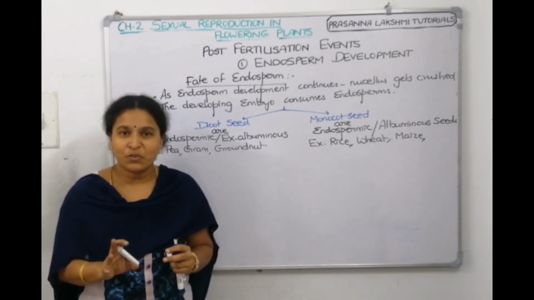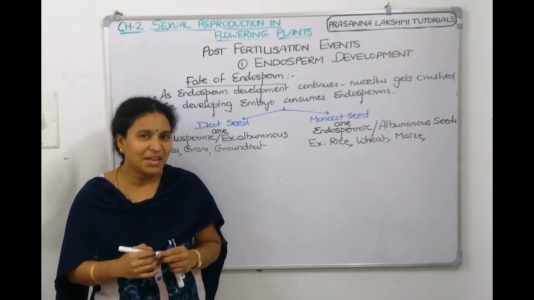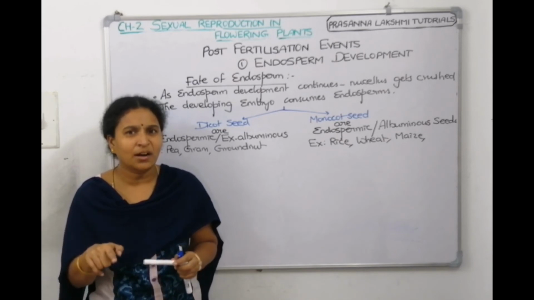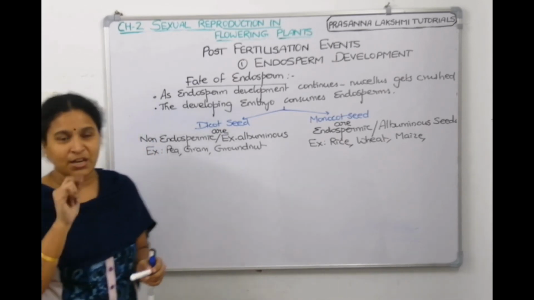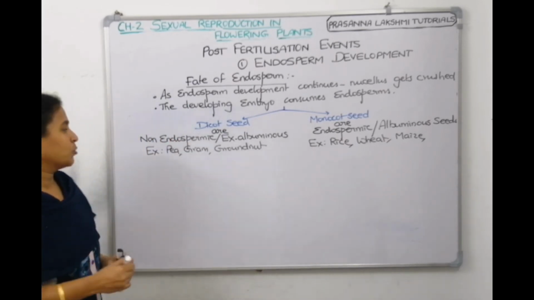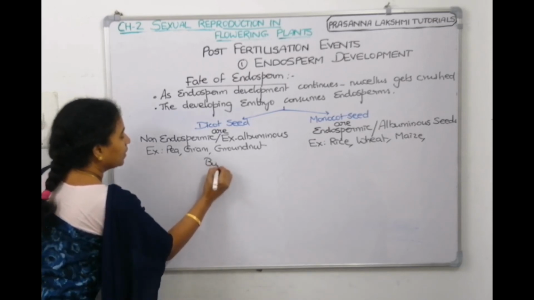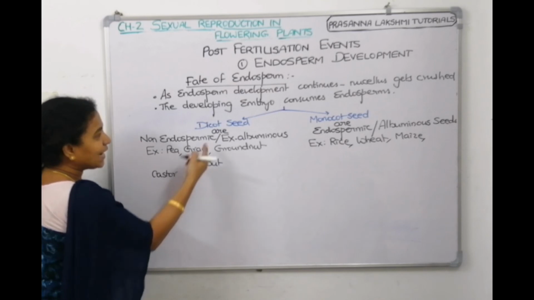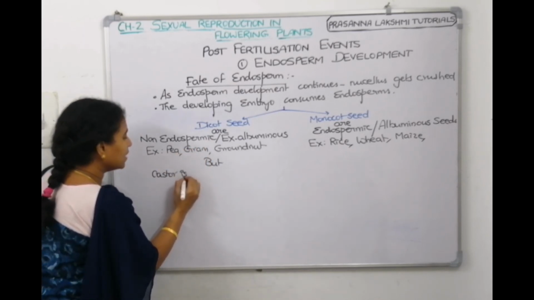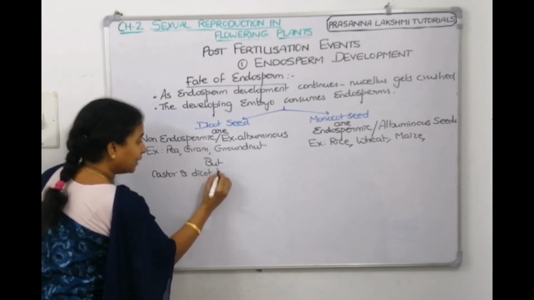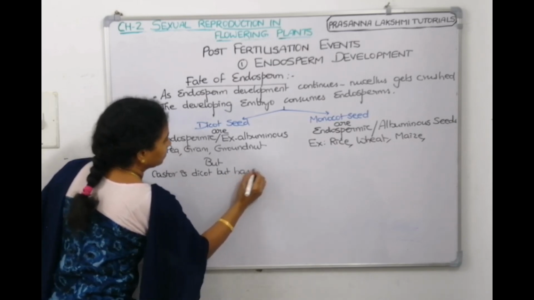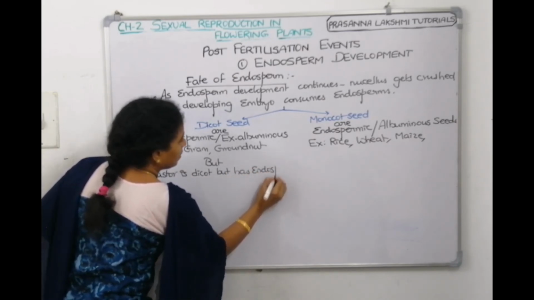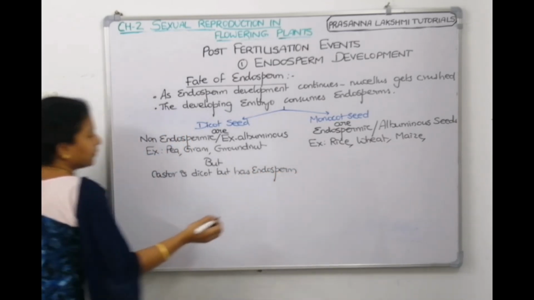But science without exceptions is not possible. Now I am going to tell a dicot which has endosperm. Actually, dicot should not have endosperm, but castor. What is castor? Castor is dicot, but it has endosperm.